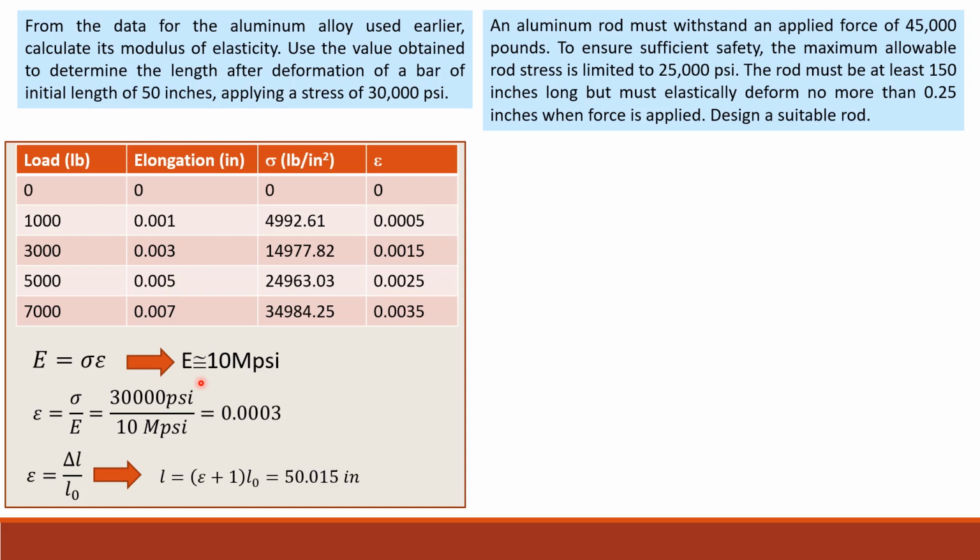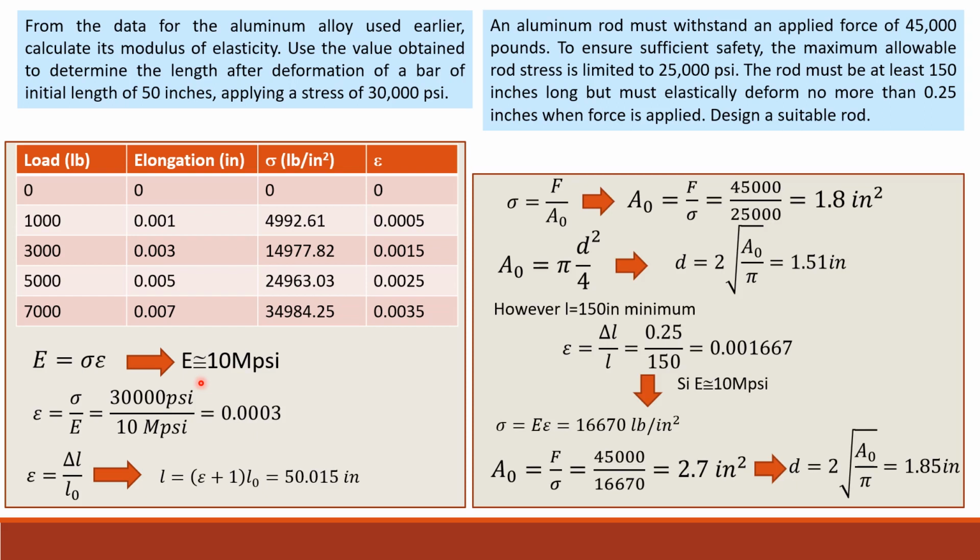The rod must be at least 150 inches long, but we only admit elastic deformation of around 0.25 inches when the force applies. Okay, then we are going to design the rod.